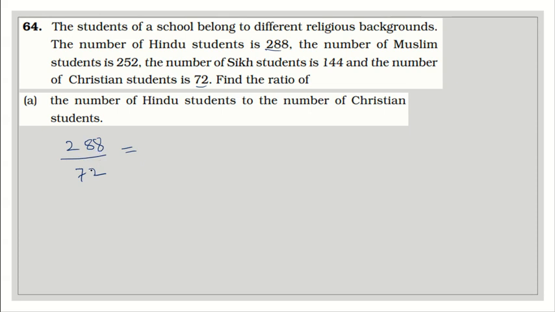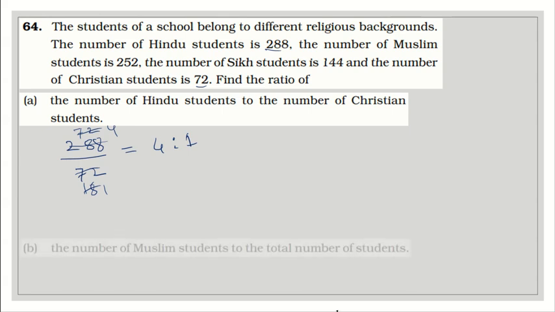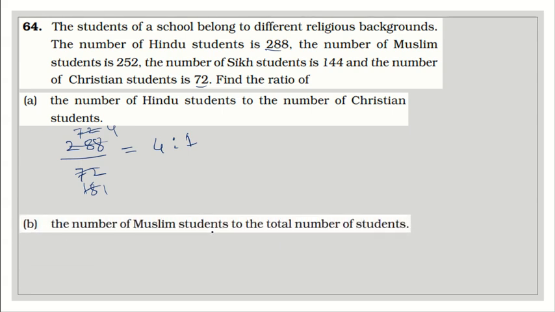So, with 4 it cancels. 4 sevens are 28, 4 twos are 8, and 4 ones are 4, and 3 comes here. 4 eighteens are 72. 4:1 is the ratio.